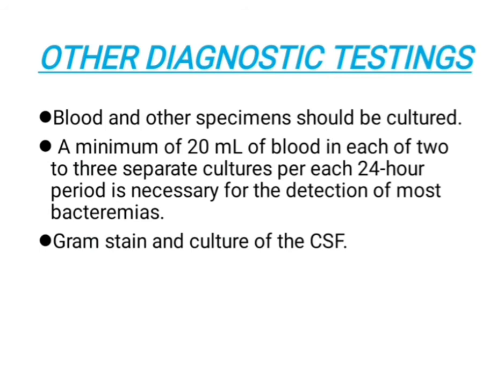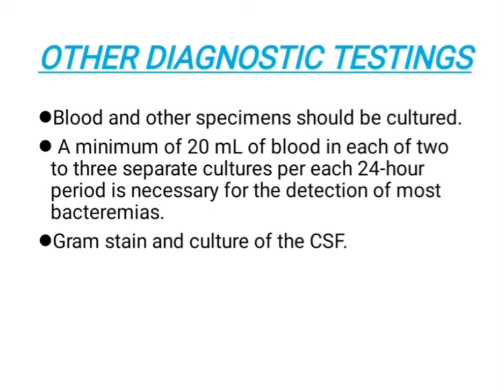When we are conducting the culture and sensitivity test, we have to take a minimum of 20 ml of blood in each of 2 to 3 separate cultures per each 24-hour period. This is necessary for the detection of the bacteria.